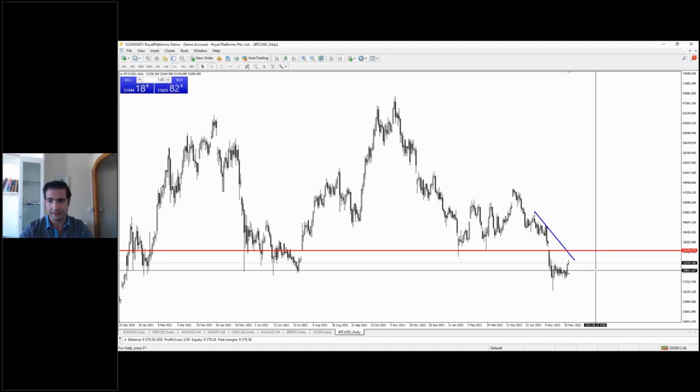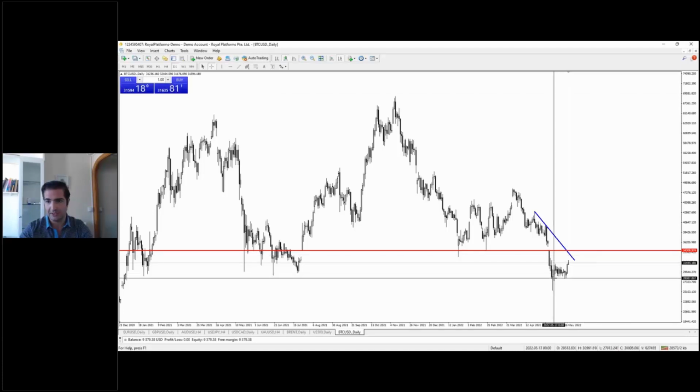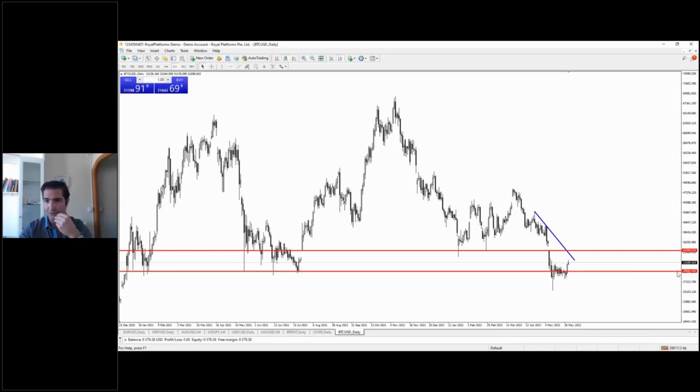If I take this, the sideways movement started since the beginning of May, and then we have this big bullish bar to the upside, which is a good indication that the momentum is there. Okay, so the market is moving to the upside. You can see we have a strong support level here that the market could not breach to the downside.